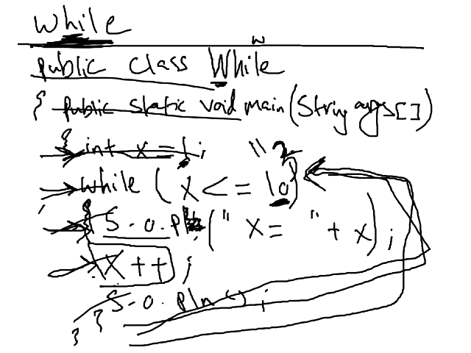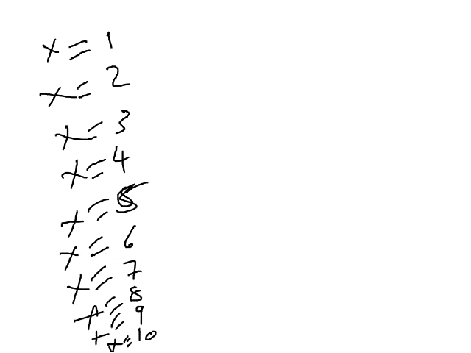Yeah? Okay. Now, we have another type of loop that's called the for loop. A for loop is also a loop, but normally it works with a range.